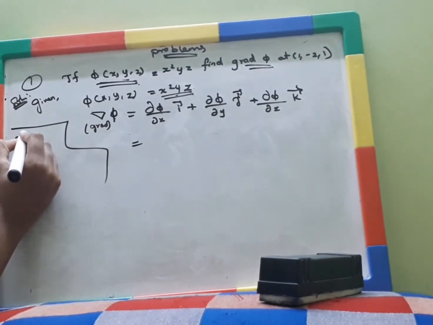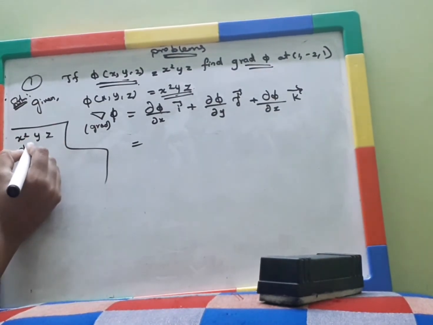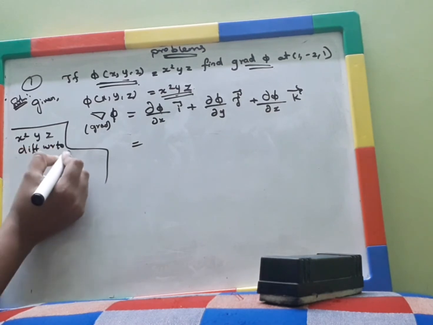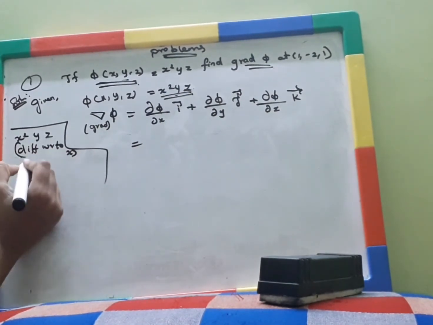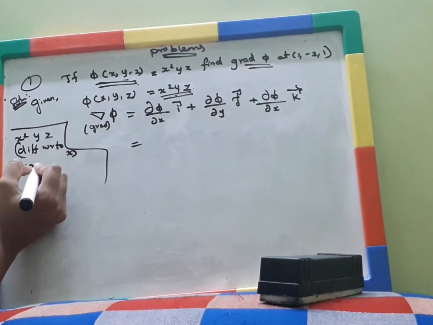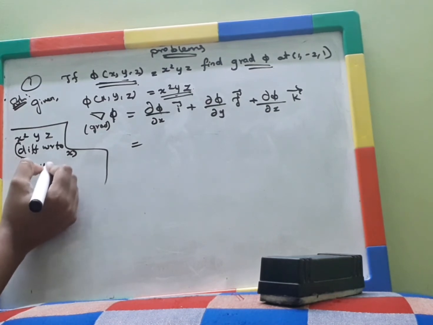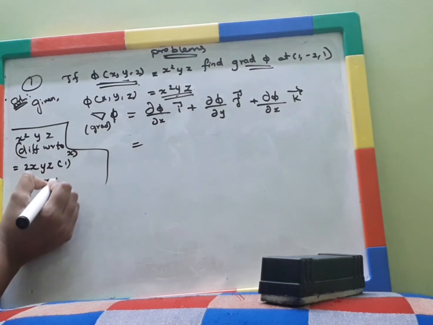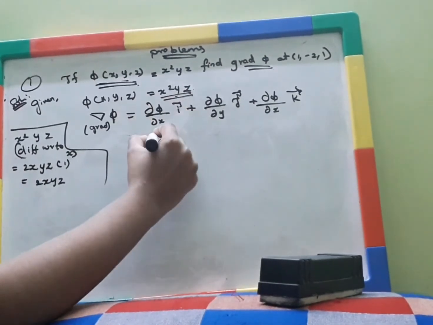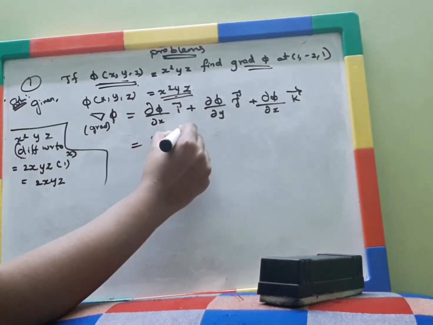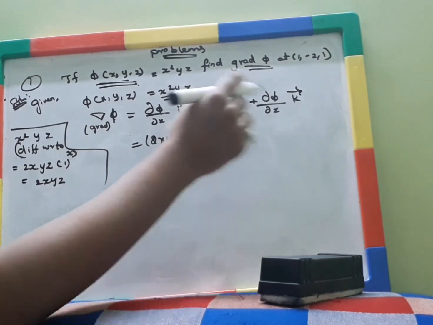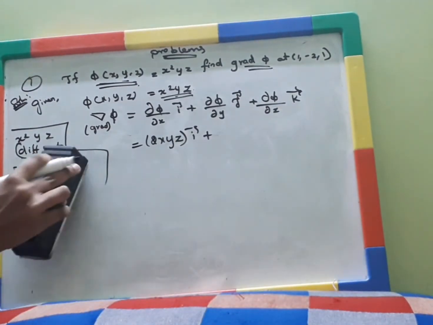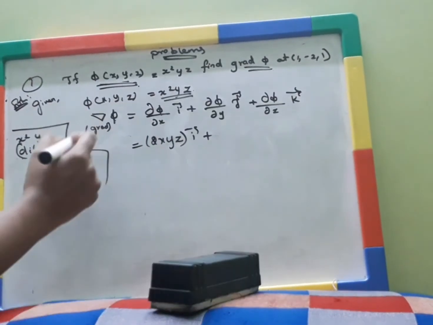Now we differentiate the given function according to the formula. Dou psi by dou x means differentiating with respect to x. I am putting it aside in a rough column. X square gives 2x, so 2x y z. Then we differentiate the same equation with respect to y.